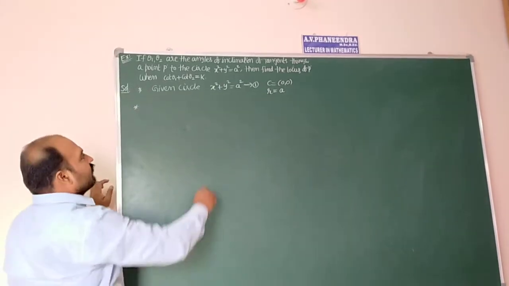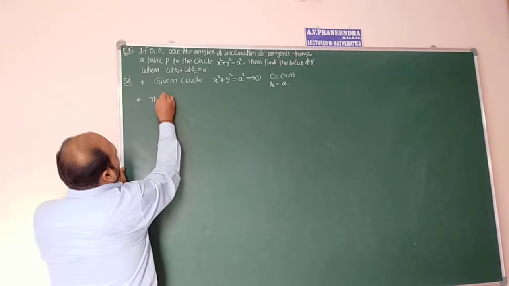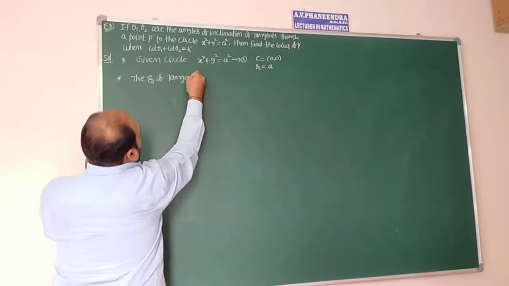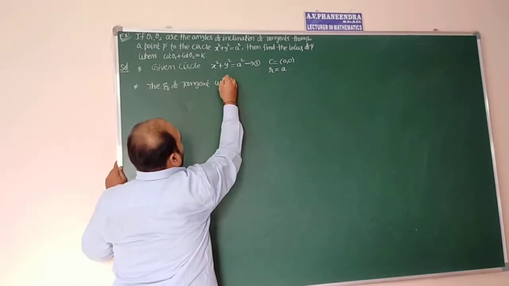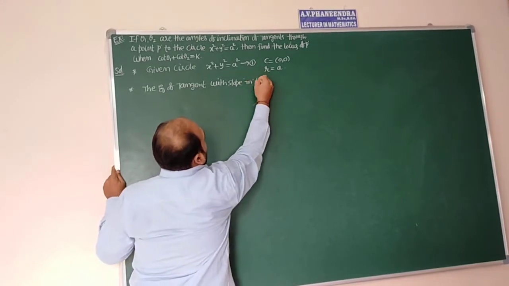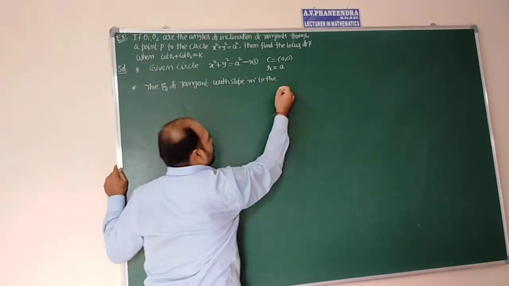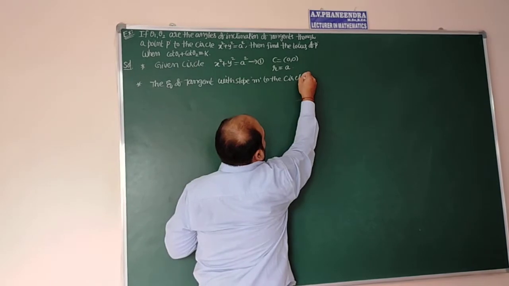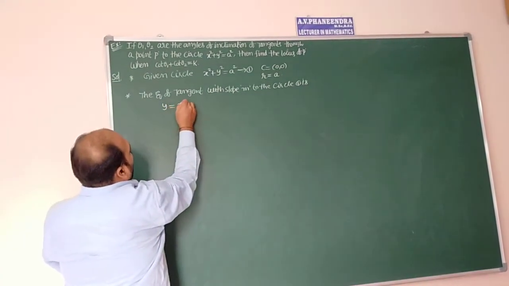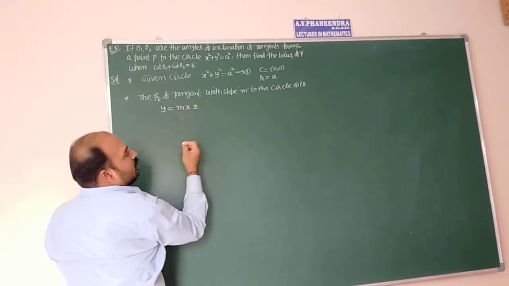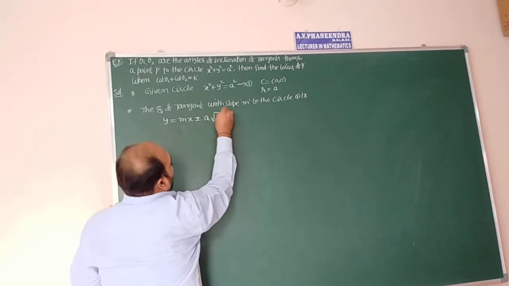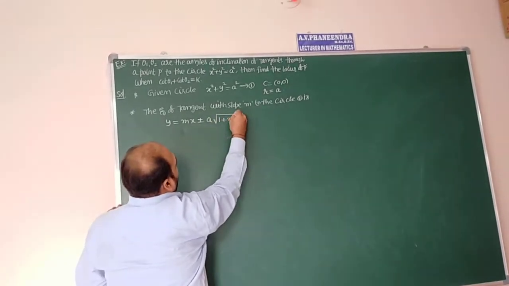So the equation of tangents with slope m to the circle is y is equal to mx plus or minus, here r is equal to what? a into root of 1 plus m square.